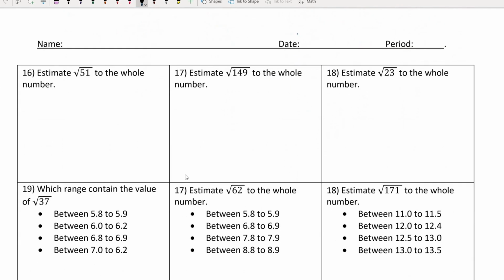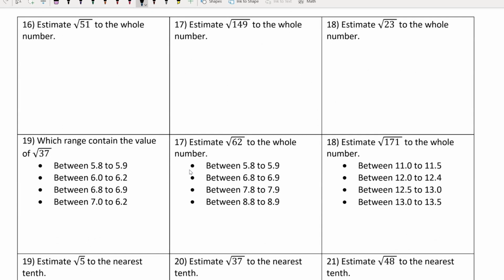Number 16. Estimate the square root of 51 to the whole number. We do this a lot. The square root of 51 stays between two perfect square numbers, 49, which is 7 times 7, and 64, which is 8 times 8.